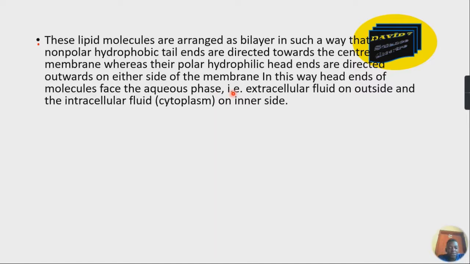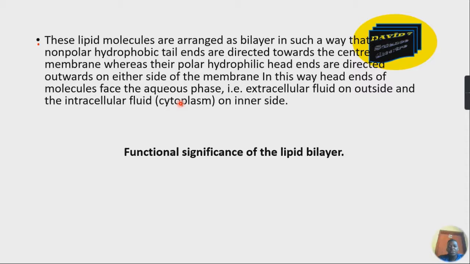And by saying aqueous phase, I mean they face the extracellular fluid on the outside, or the intracellular fluid in the cytoplasm or cytosol on the inner side. So that is it. We saw that the heads are facing the aqueous environment, whereas the hydrophobic tails are facing the center of the phospholipid bilayer, the center of the membrane. Okay, so it means there is attraction which causes that arrangement.